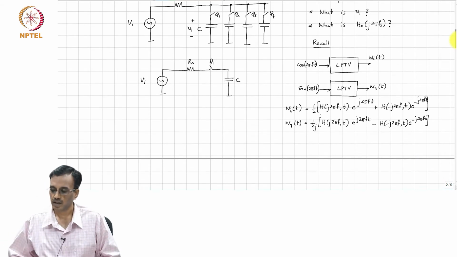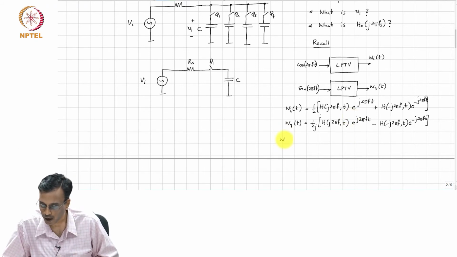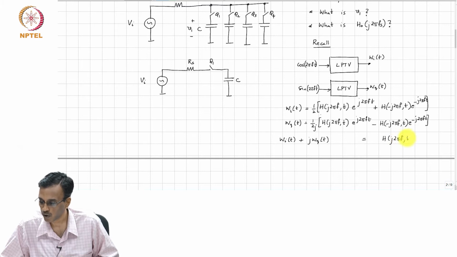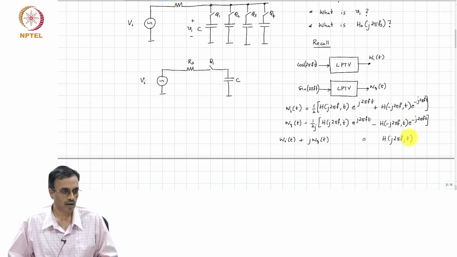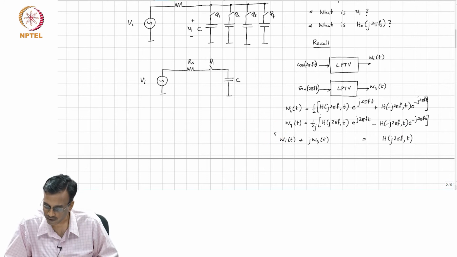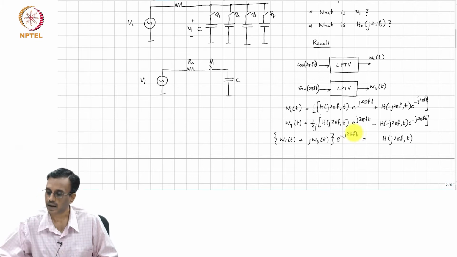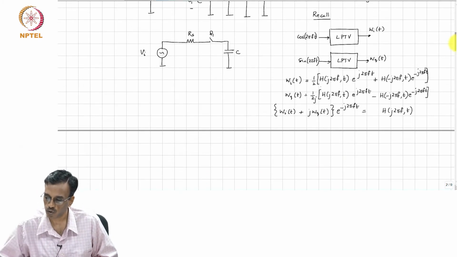And if we add these two, you will get Wi of t plus j Wq of t is nothing but h of j 2 pi f comma t times e to the j 2 pi f t. We did this already, I am going to bring that this way, and so what do you see?